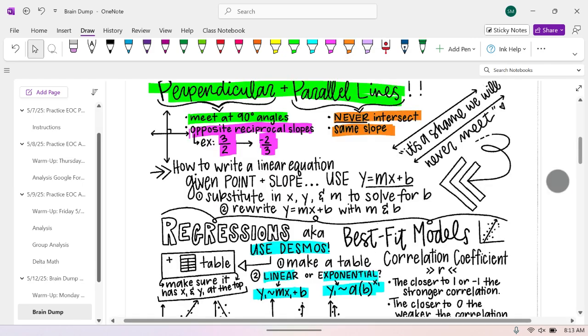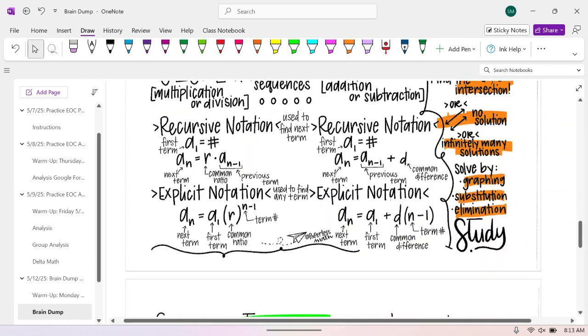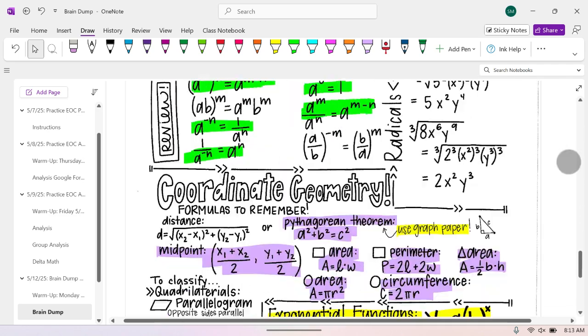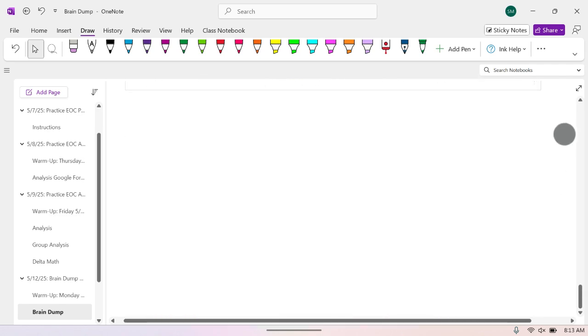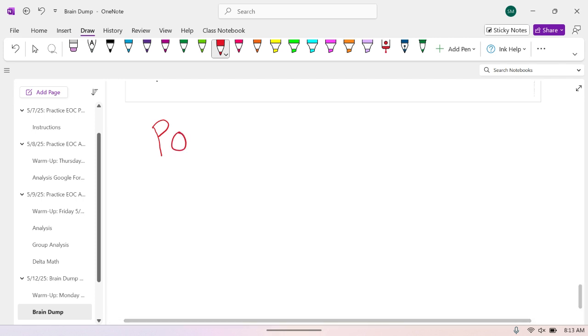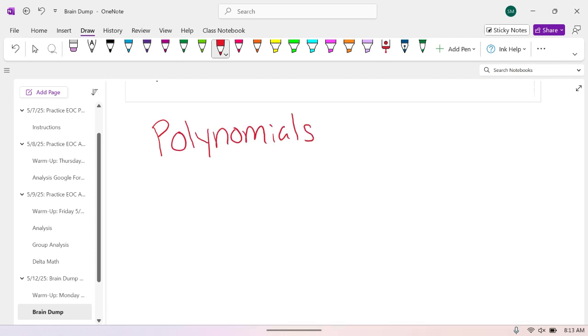All right, factoring and anything polynomial-wise. So on the very back of your paper, all right, and you can make this as pretty as you want, but we're just going to deal with anything polynomials.